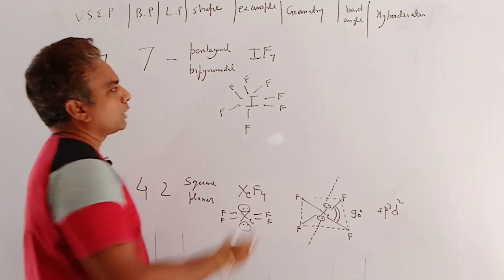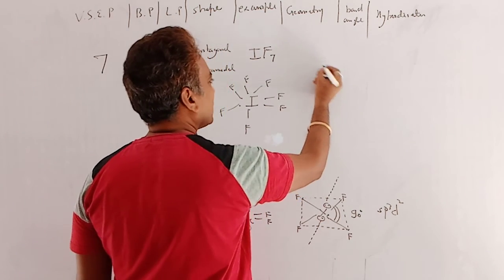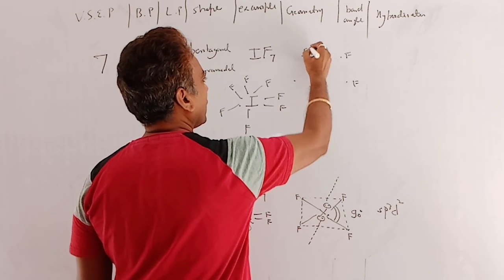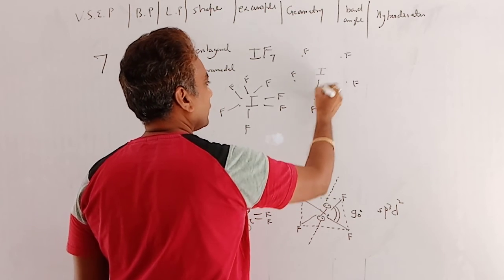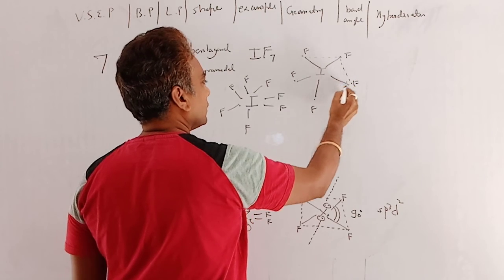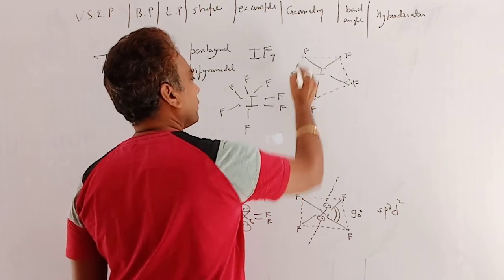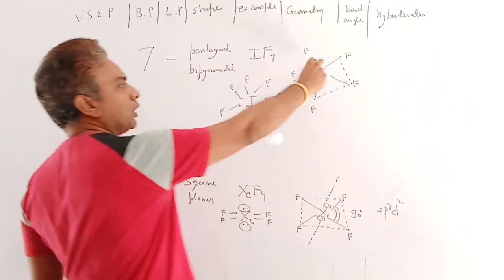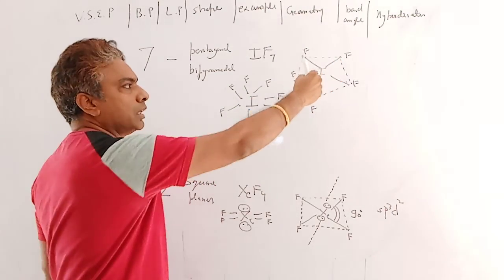So geometry with respect to iodine: iodine exists at the center of the pentagon like this, F, F, F, F as well as F. Here is the pentagon. One fluorine is outward to the plane and another is inward to the plane.